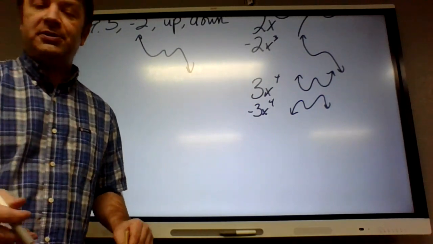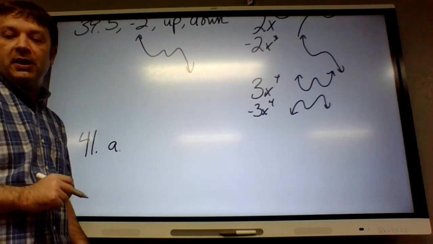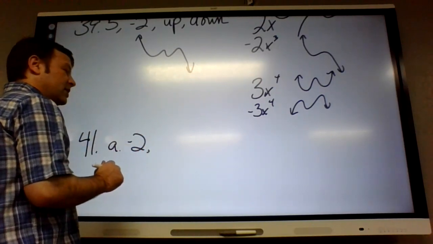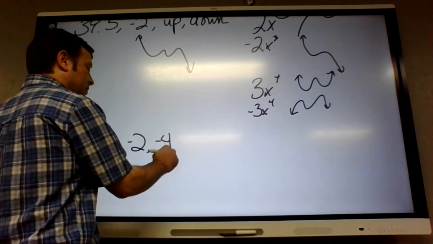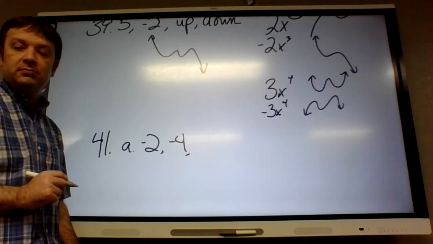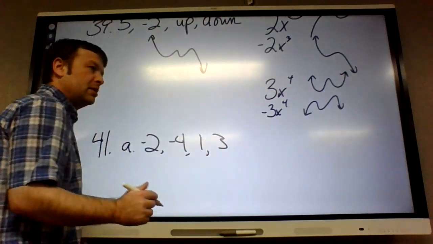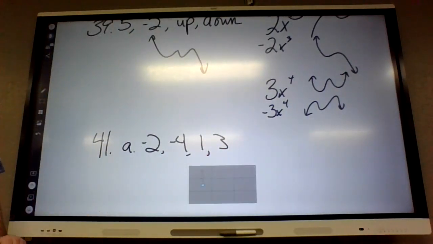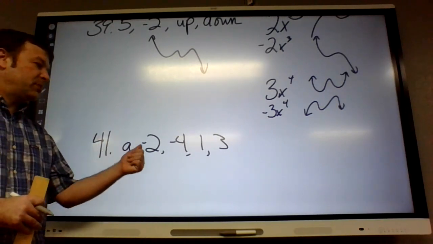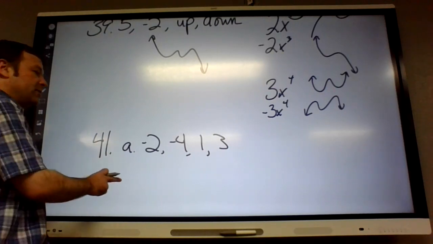So what are the x-intercepts on 41? -2, -4, 1 and 3. It's not trying to trick you here. That's where it's crossing the x-axis. If we had the original function and plugged those 4 in, they should all make the function equal 0.